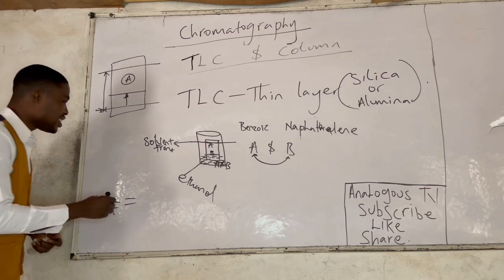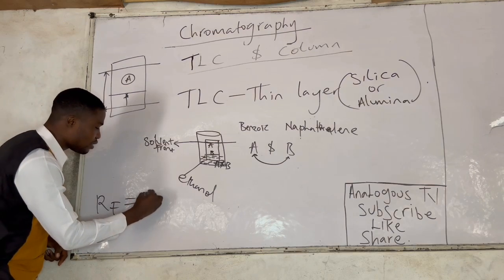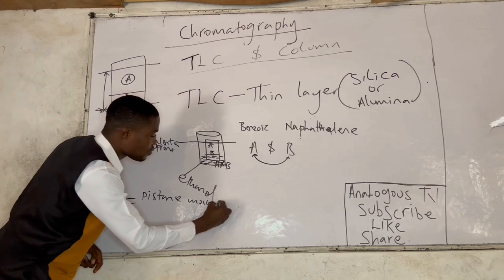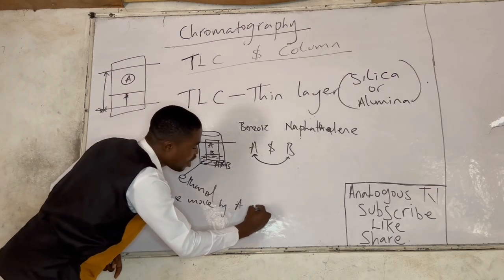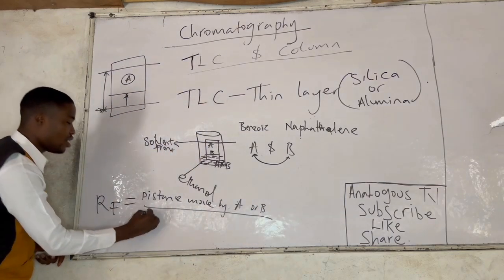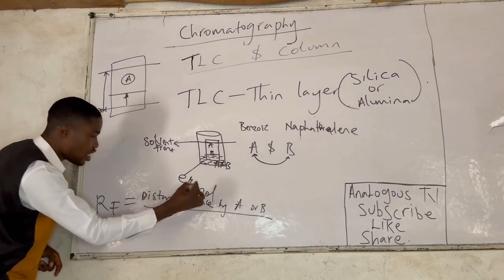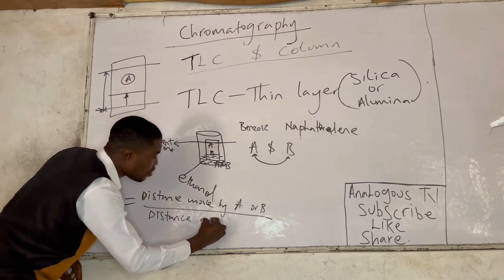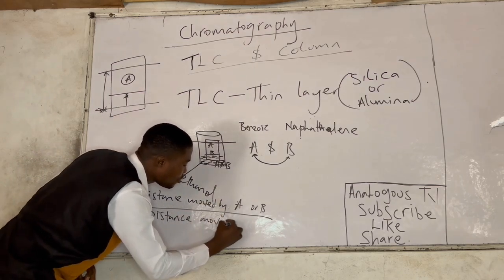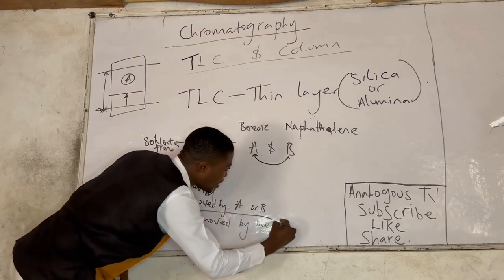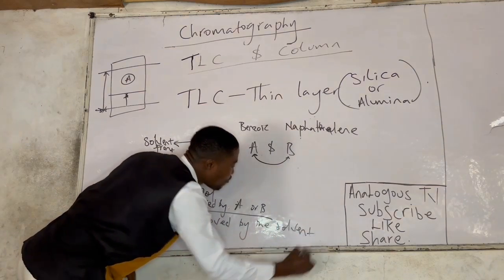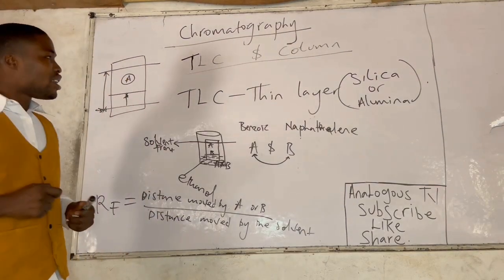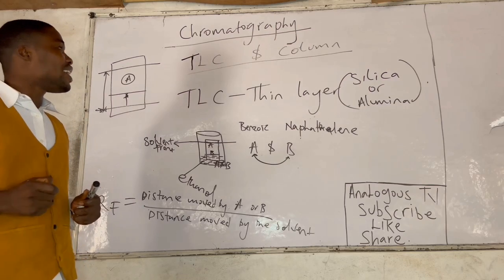It is the distance moved by the solute, A or B, over the distance moved by the solvent. So the retention factor values are always less than 1. That's how we work with thin layer chromatography.